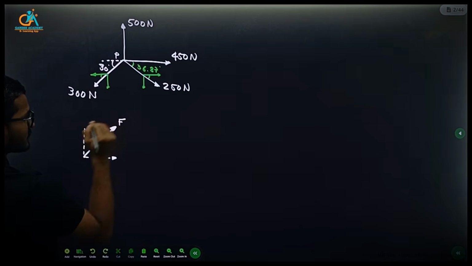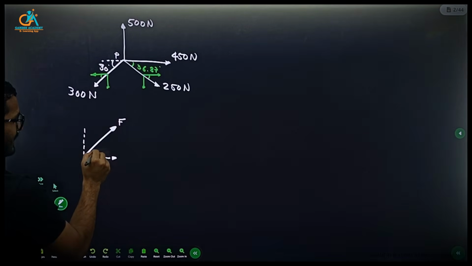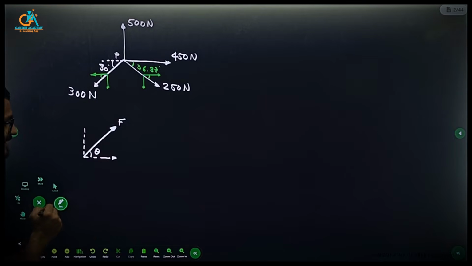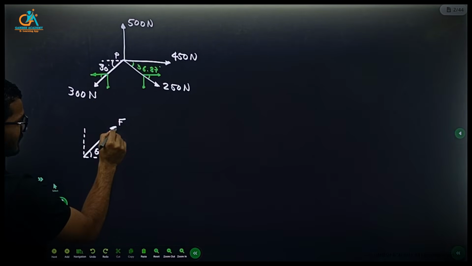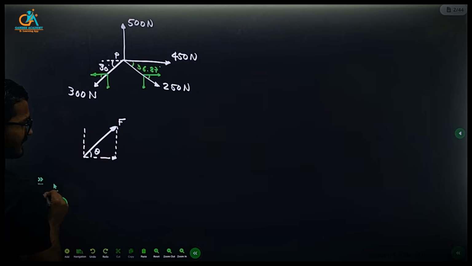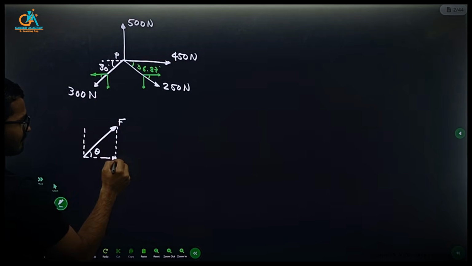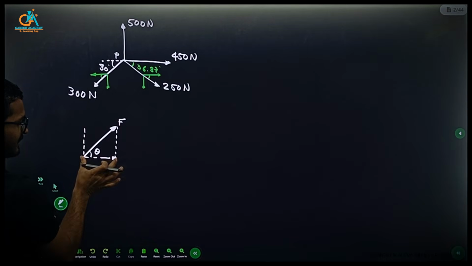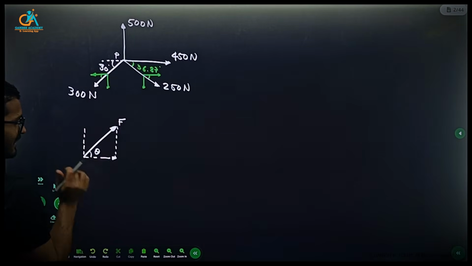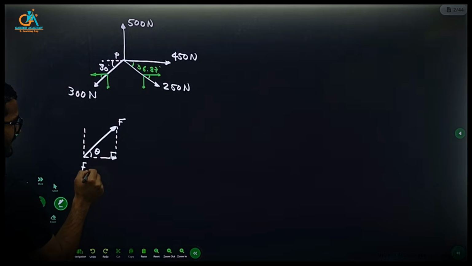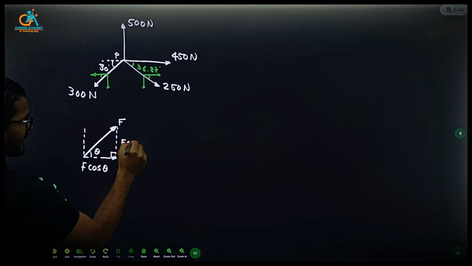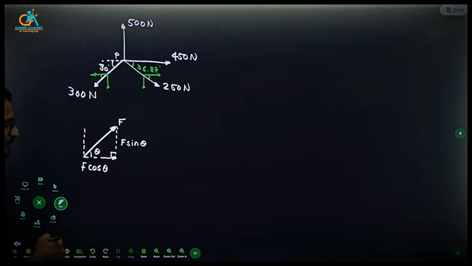If this is your force inclined at an angle theta with any of the axis, then you can simply draw a right angle triangle, and you can find this height and this base of the triangle using trigonometric relation, and you will get this as F cos theta and F sin theta, right.